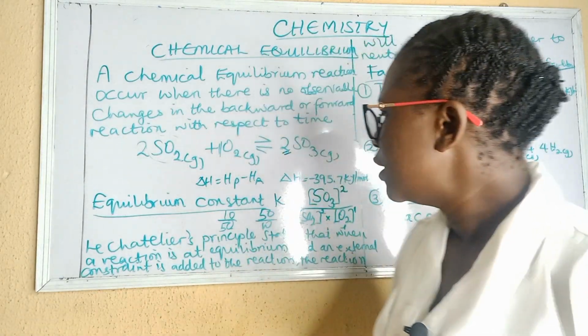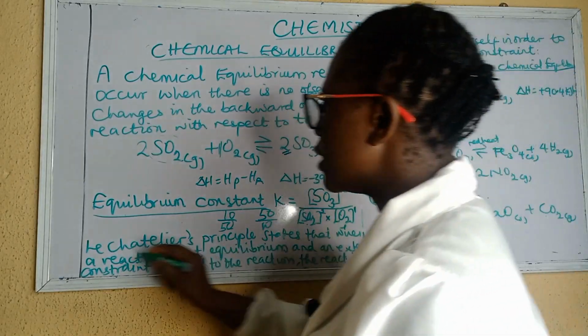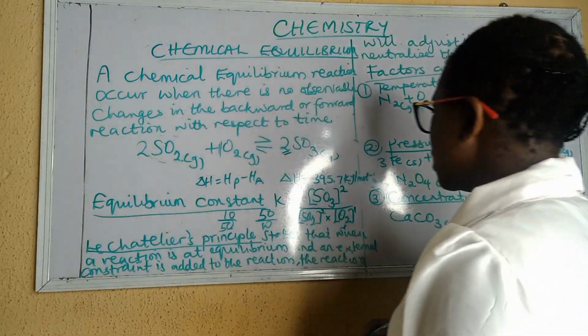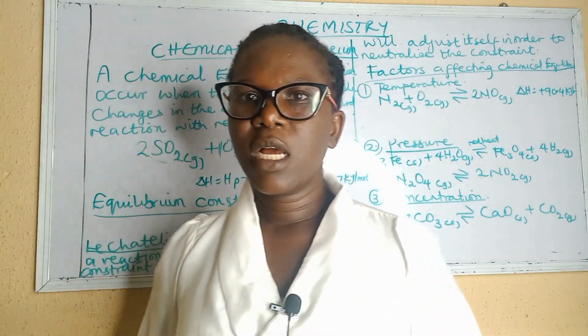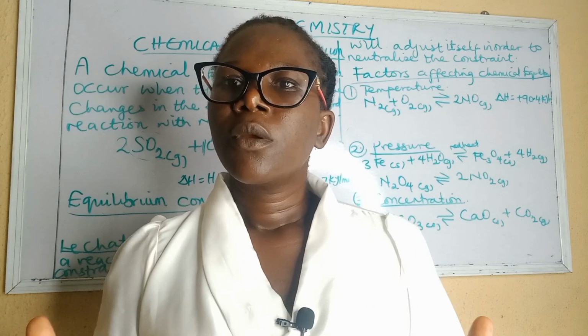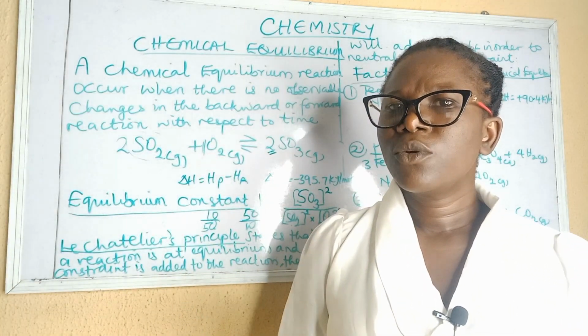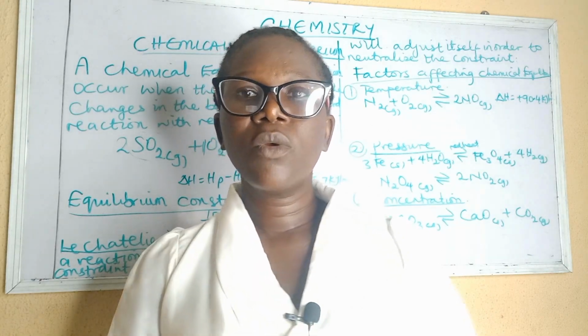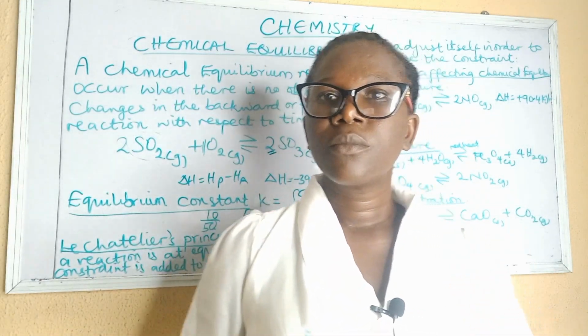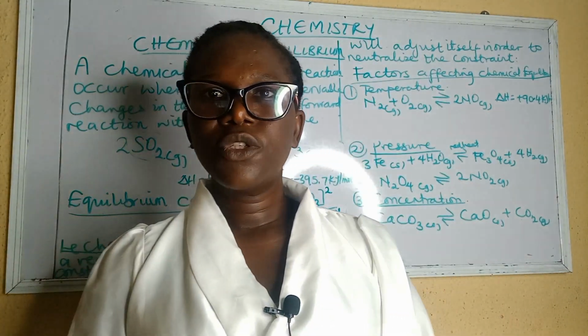So that leads us to a principle that needs to be learned before we can understand the factors affecting chemical equilibrium: Le Chatelier's principle. Now, what are the factors that affect chemical equilibrium? The factors affecting chemical equilibrium are temperature, pressure, and concentration.